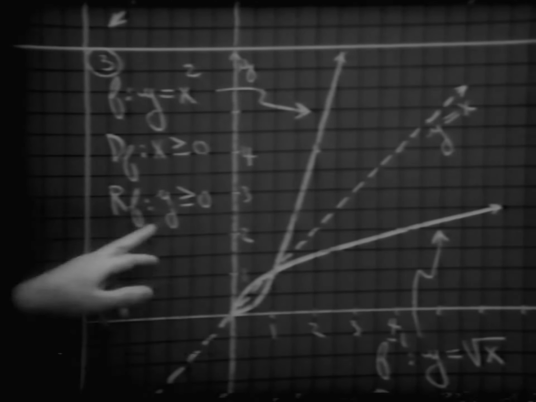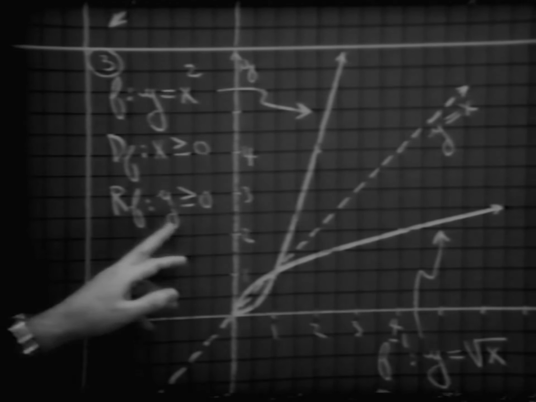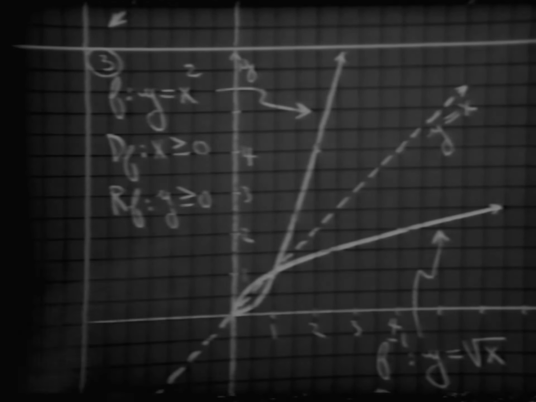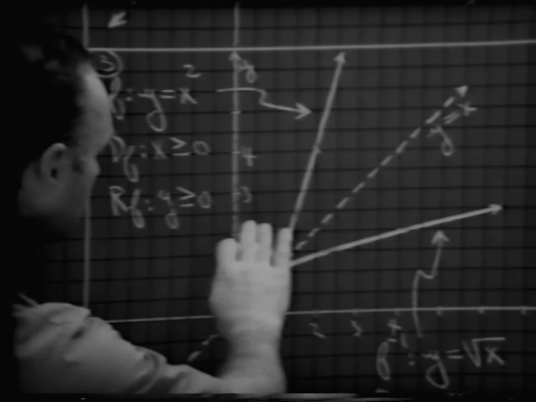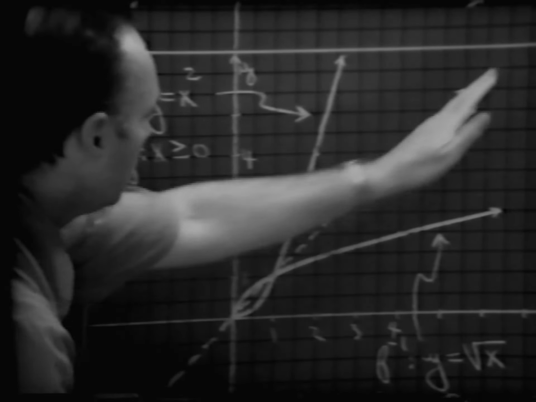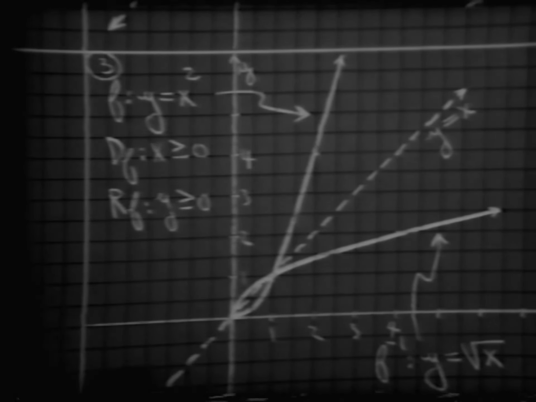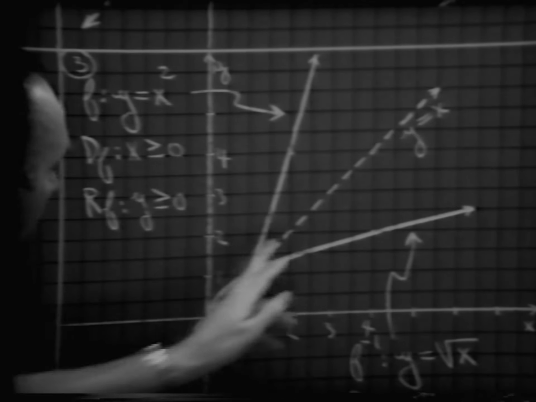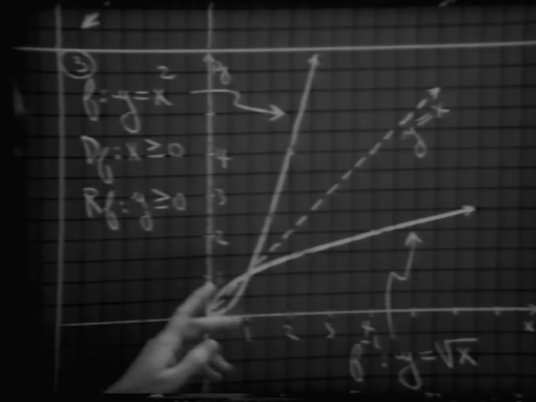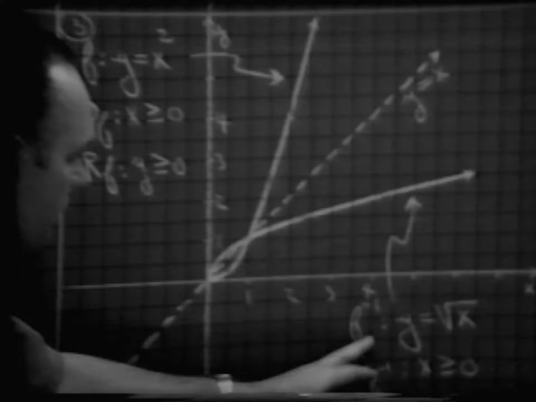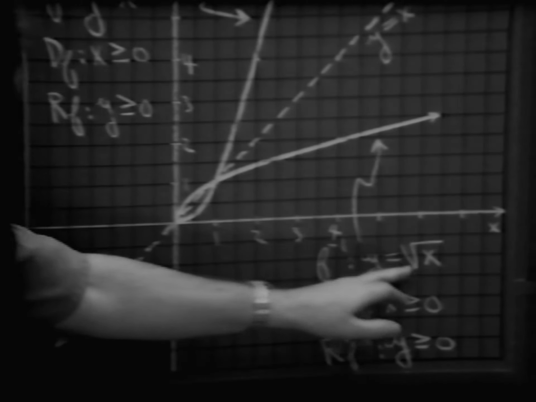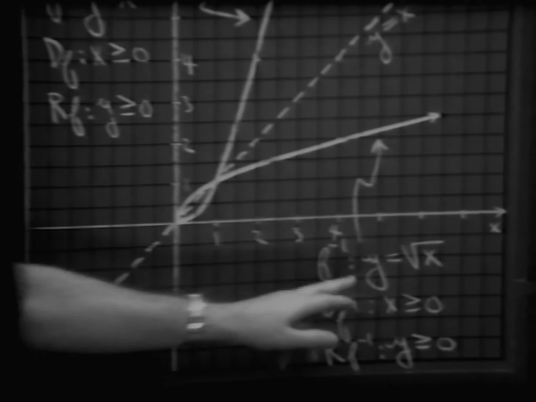Certainly its range is also going to be values of y which are greater than or equal to 0. Now, if you were to take its inverse function, think of it as being symmetric with respect to y equals x, you are going to have only this half of the graph. And now notice the formula for that inverse function is y equals the square root of x, the positive square root of x.